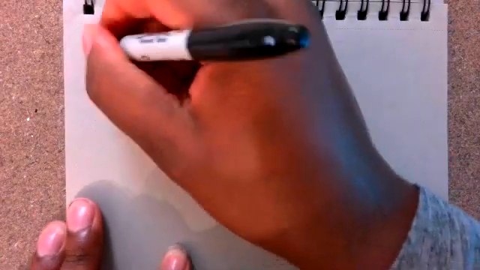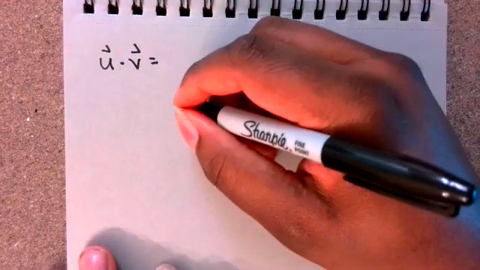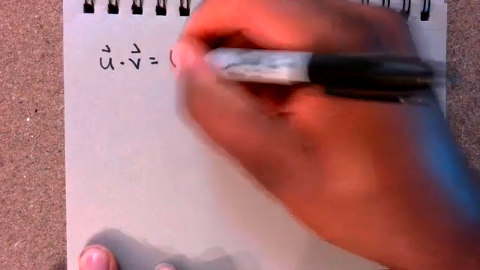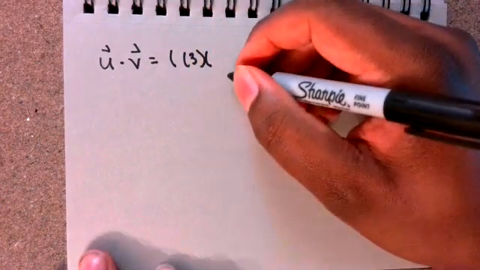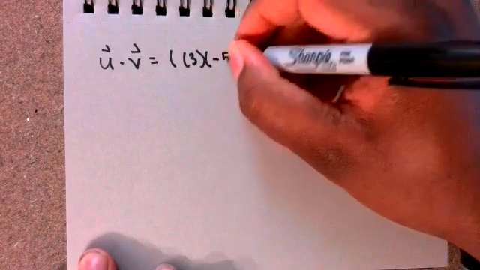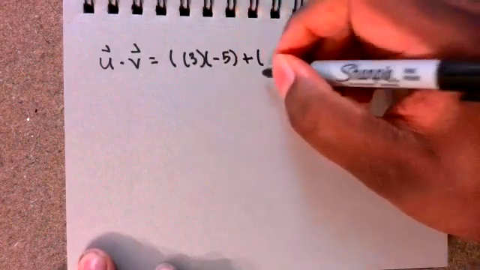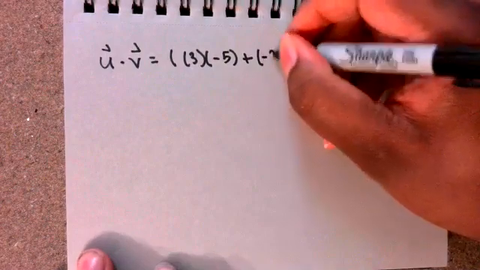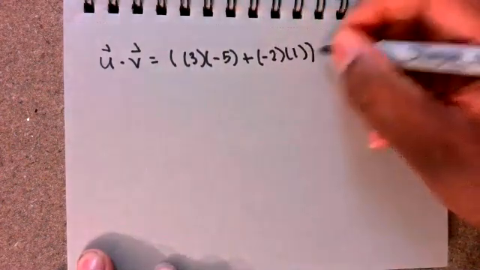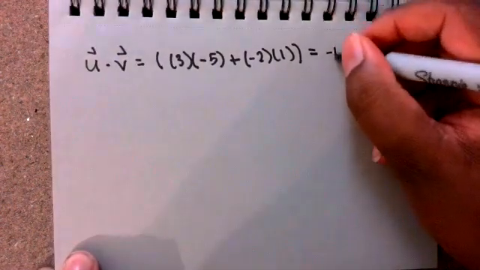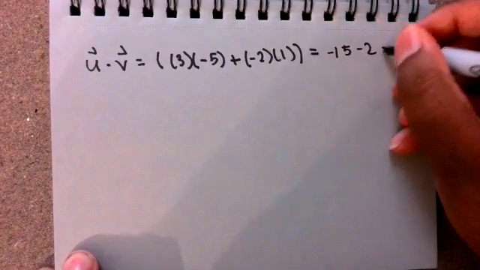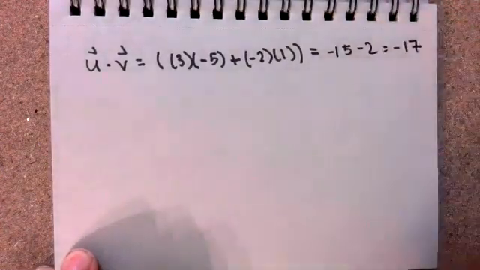So the way we would do u dot v is, that's going to be 3 times -5 plus -2 times 1, which in turn is -15 minus 2, which is -17.